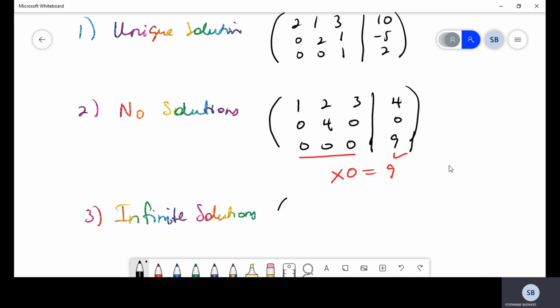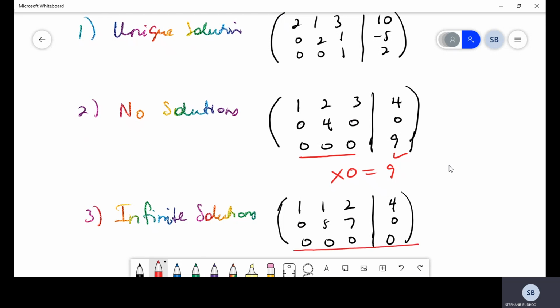You will get a case where you have 1, 1, 2, 4, 0, 5, 7, 0, and then you'll get all zeros as well as 0 on the other side. So when you encounter a situation where both your left and right hand side of your augmentation are all zeros, then it's said to have an infinite set of solutions.